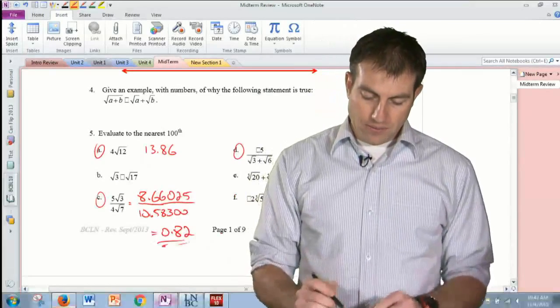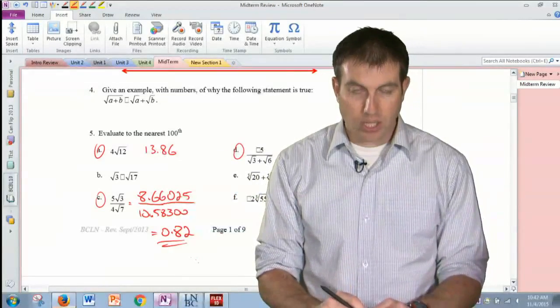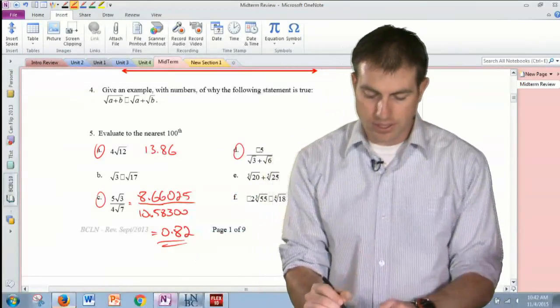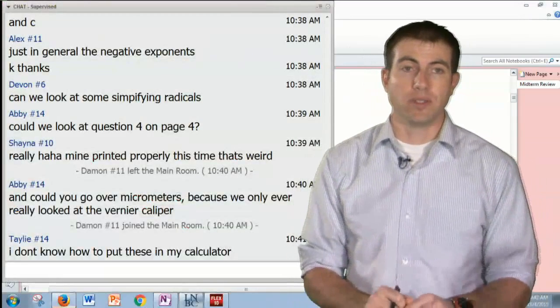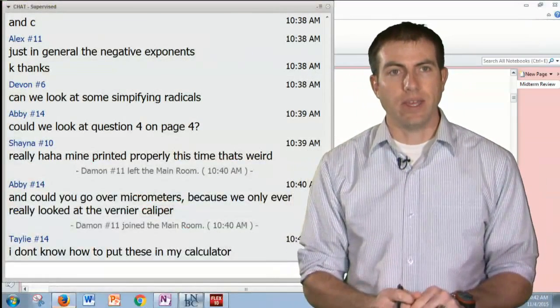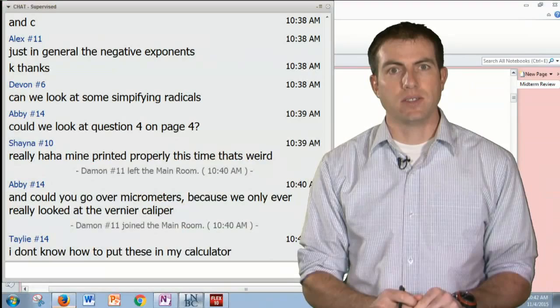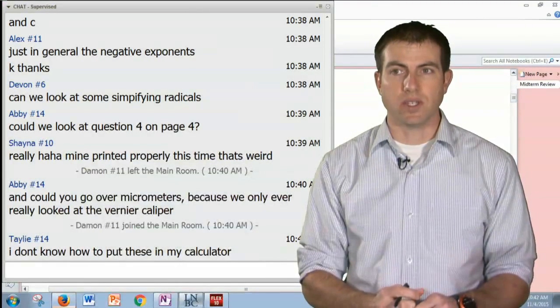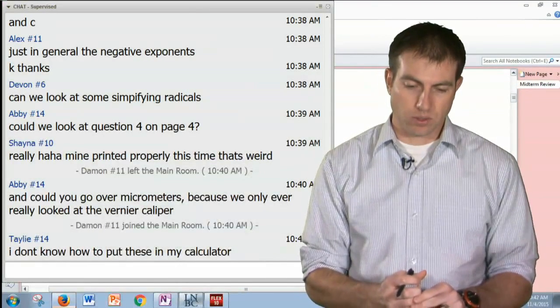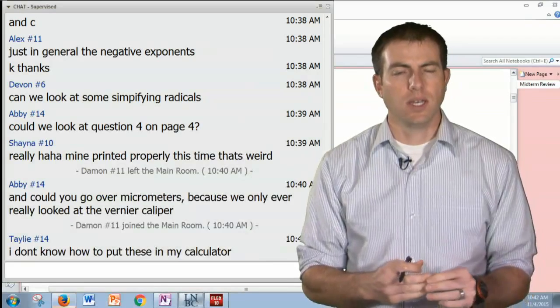So, Taylor, if you're having issues with your calculator, it's one of these things I can't really help you with until I see your calculator. And even then, it's best to start with a really simple example, and then you can work from there. So don't start with these really complex ones.